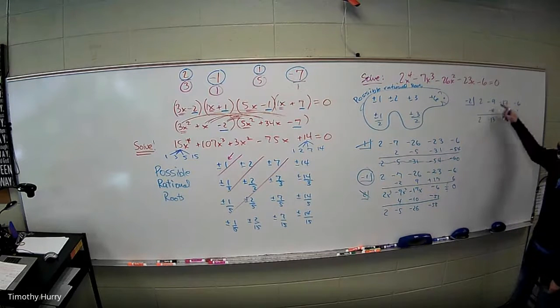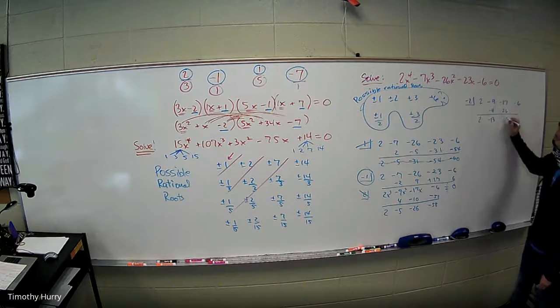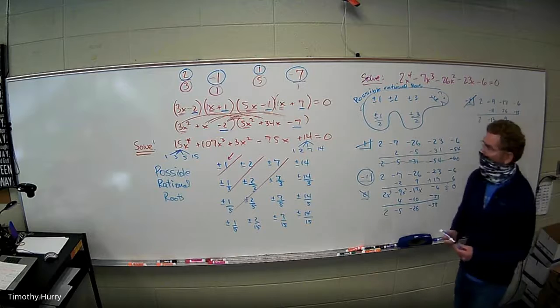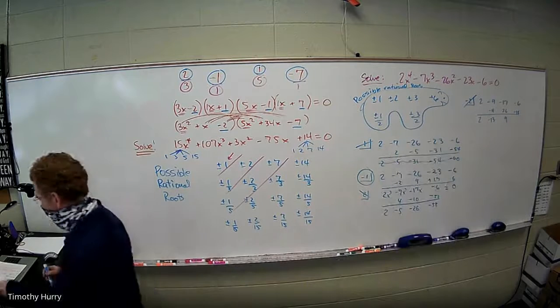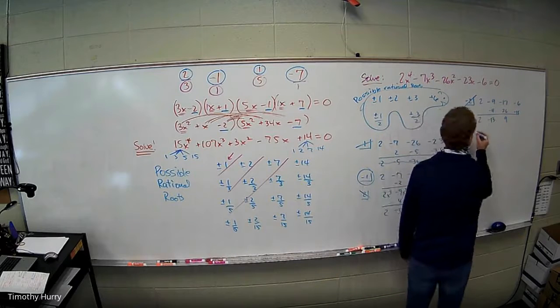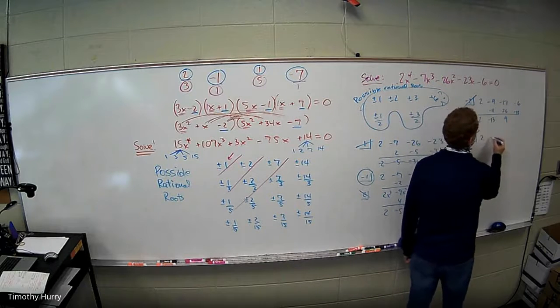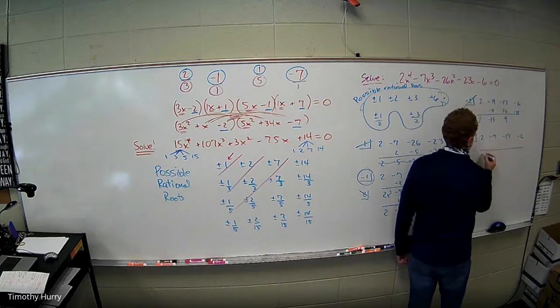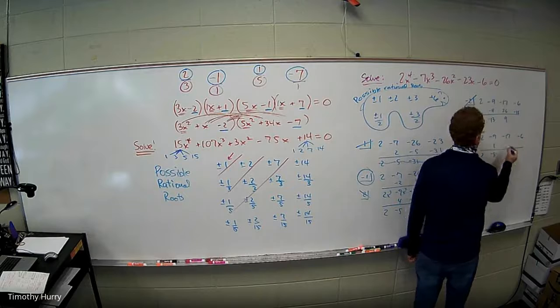So 2, negative 4, negative 13, positive 26, 9, negative 18. That doesn't work. So I'm moving on to what? 1/2. 1/2. So I'm going to try 1/2 into 2, negative 9, negative 17, negative 6, 2, 1, negative 8.